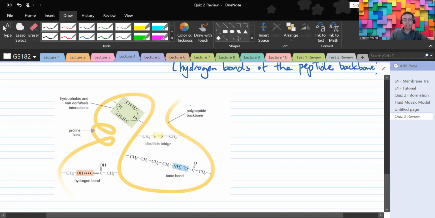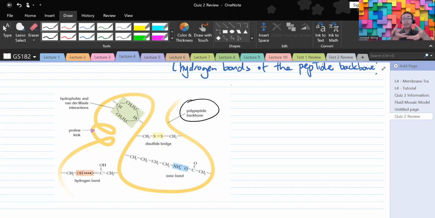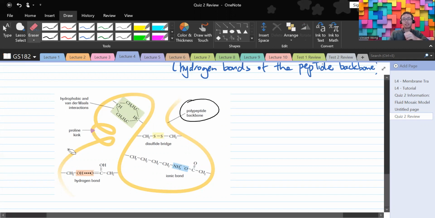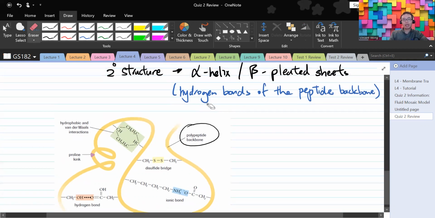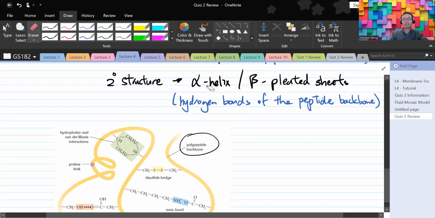It actually says right here, and that doesn't change throughout the entire polypeptide. What changes is the side chain, the R group, from amino acid to amino acid, but the entire polypeptide backbone is the same. The hydrogen bonds that you form in the backbone are what's stabilizing the alpha helix and the beta pleated sheets.